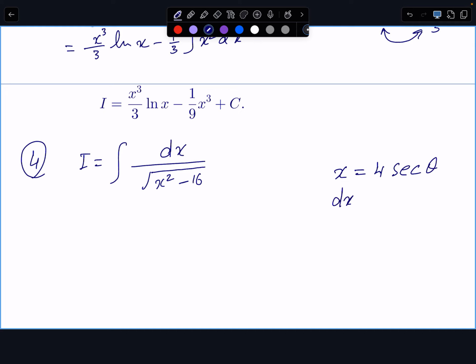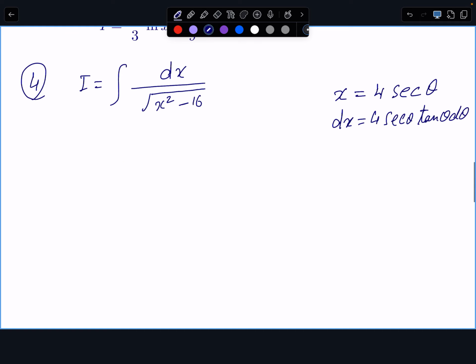And then dx is just going to be 4 secant theta tan theta d theta. Is that clear, guys? So now we're going to have 4 secant theta tan theta d theta.